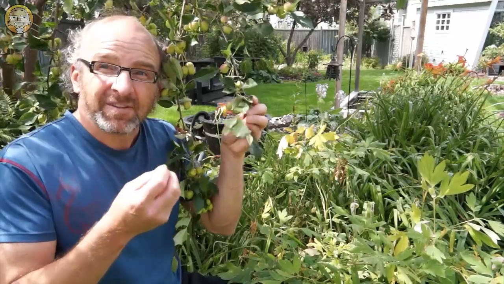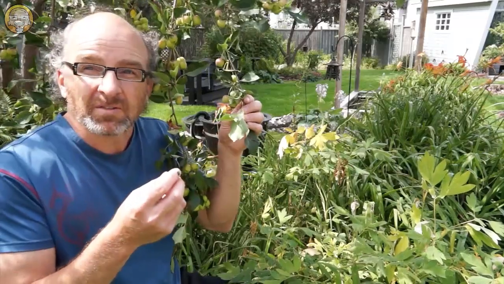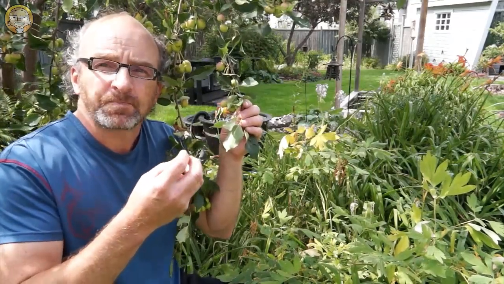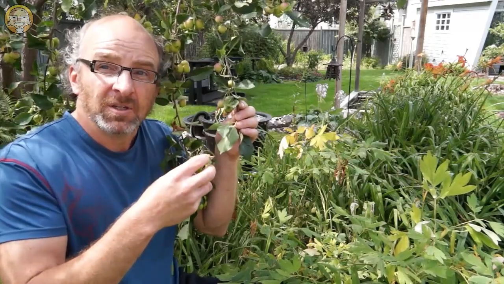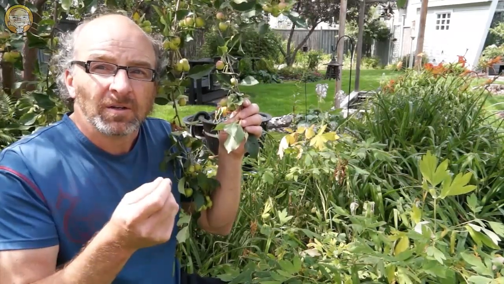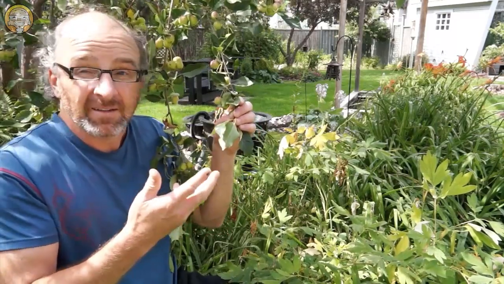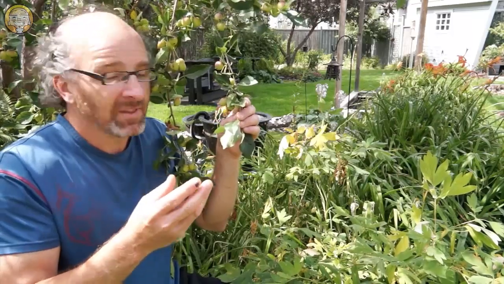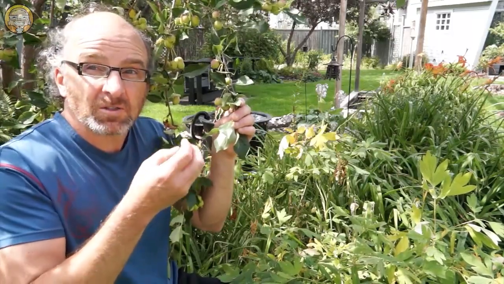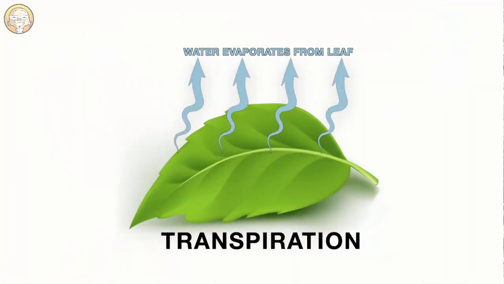Well, a leaf has pores in it, and it's with those pores that the leaf is able to exchange carbon dioxide and oxygen, which is extremely important for performing the process of photosynthesis, which is how the plant makes food for itself. Now, at the same time, the leaf, through those pores, also gives off water, and that's called transpiration.